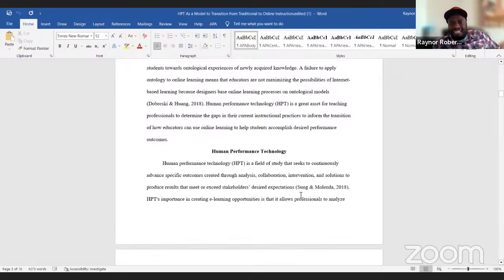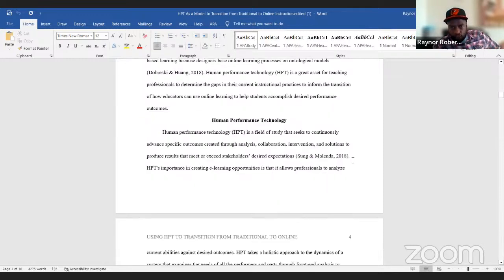Notice my in-text citations, how they're written, okay? This is called an in-text citation here. That means I have paraphrased this information, okay? This means that some of this information is not my original thought, and that it's probably a paraphrase.